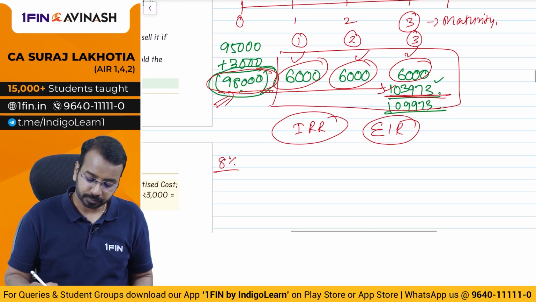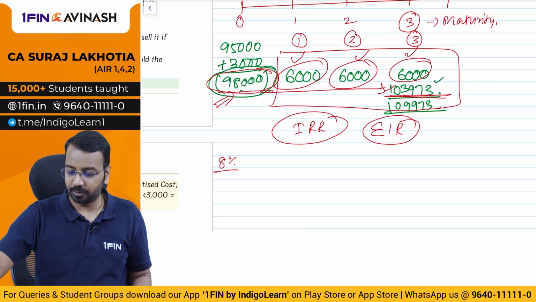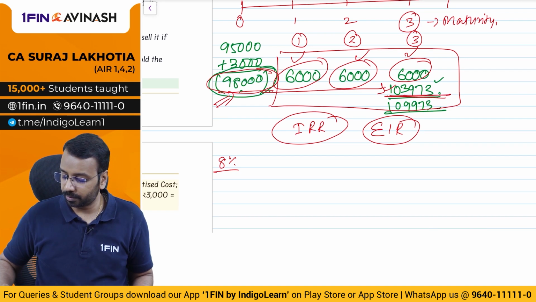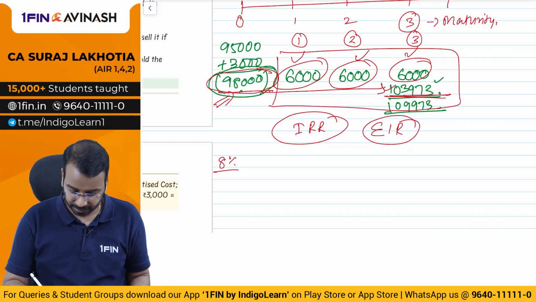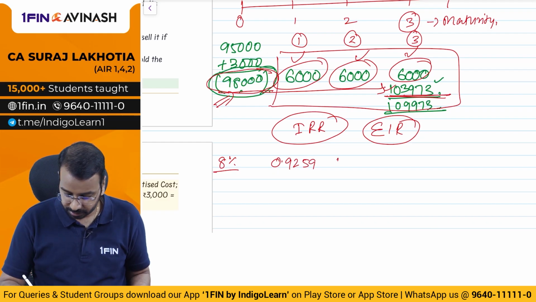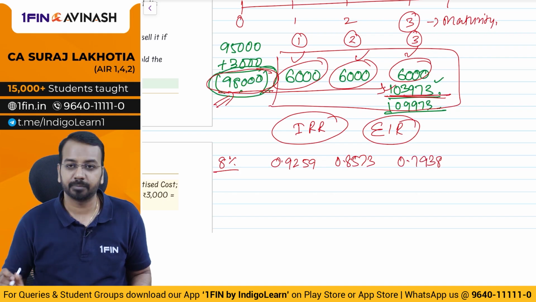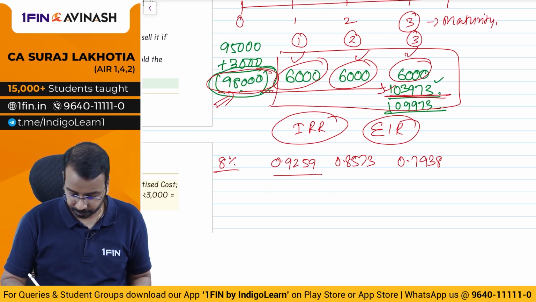Alright. So if I take 8% discounting factor, if you have this calculator, what you can do? You can do 1 divided by 1.08 is equal to, you get 0.9259, is equal to 0.8573, is equal to 0.7938. So what is the present value? 6000 into 0.9259 is equal to 5555.4.